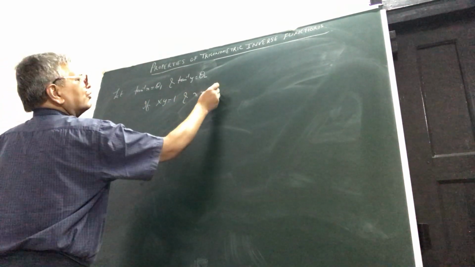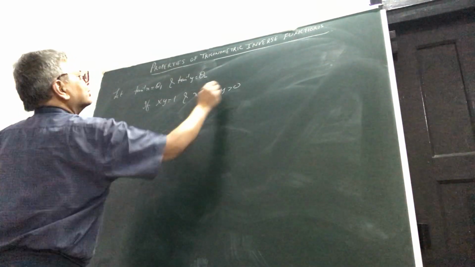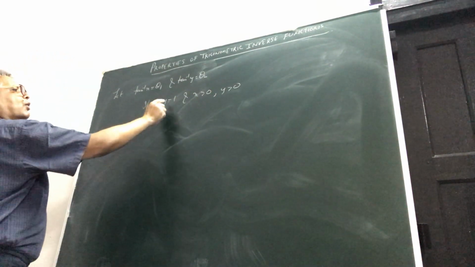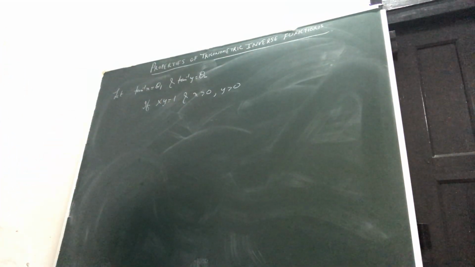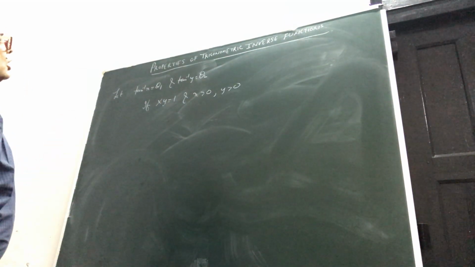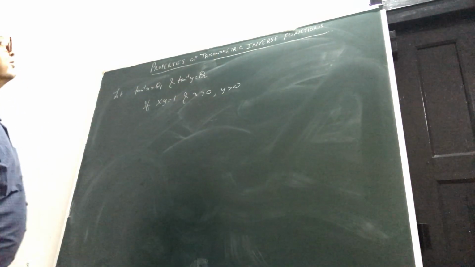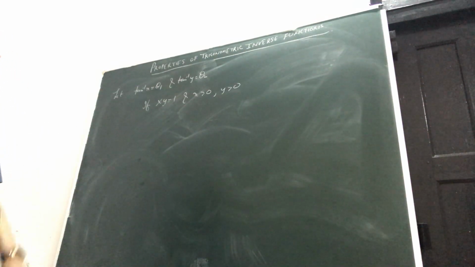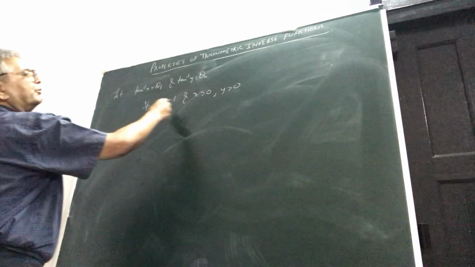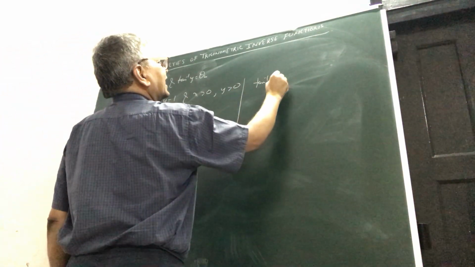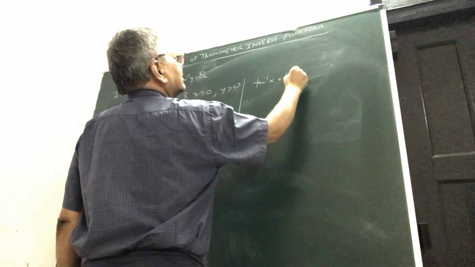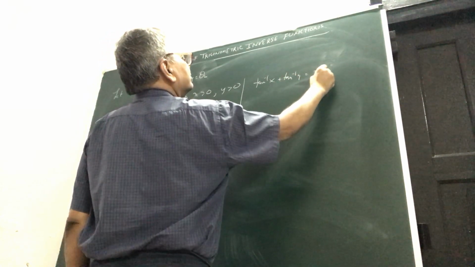X greater than 0 obviously means y is also greater than 0, because if xy is exactly 1, then y ought to be positive. Otherwise xy can't be equal to 1, since one would be positive and one negative. So herein we will show that tan inverse x plus tan inverse y is simply pi by 2.